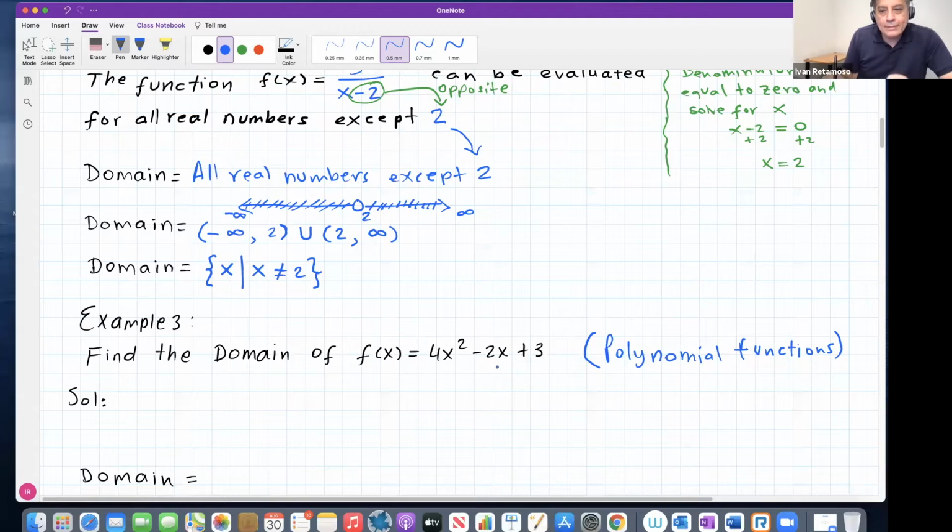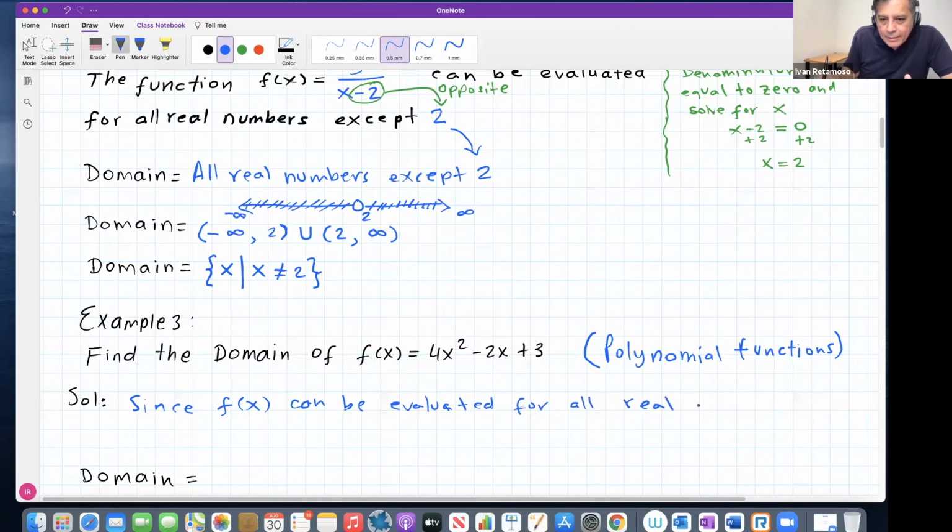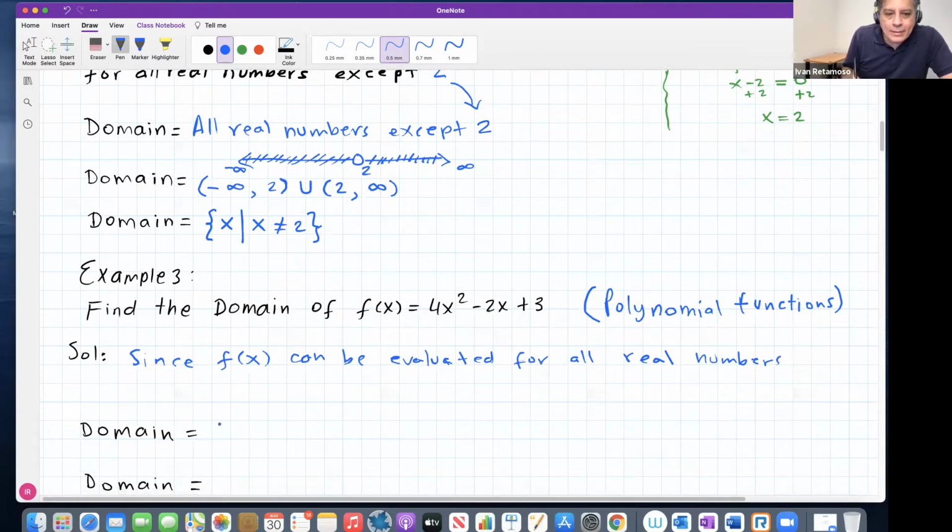So because of that, since f of x can be evaluated without any trouble for all real numbers, then its domain should be the set of all real numbers.